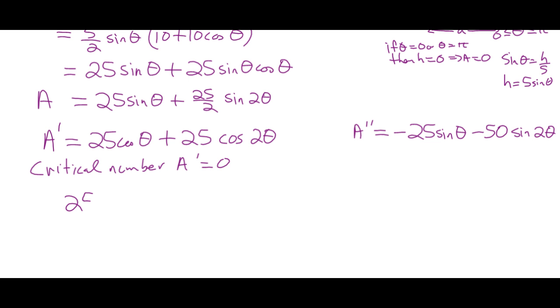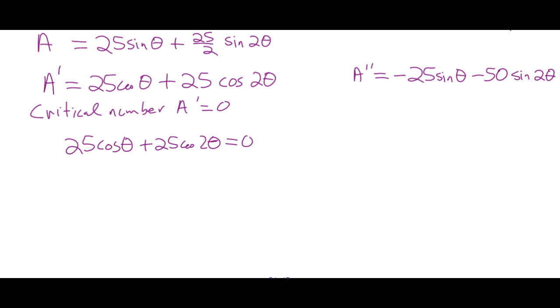Okay, so we got 25 cos theta plus 25 cos 2 theta is equal to 0. Cos 2 theta, right? So we can go and we can replace that, right? There's a 2 cos squared theta minus 1? So that'll give us a quadratic in cos theta.